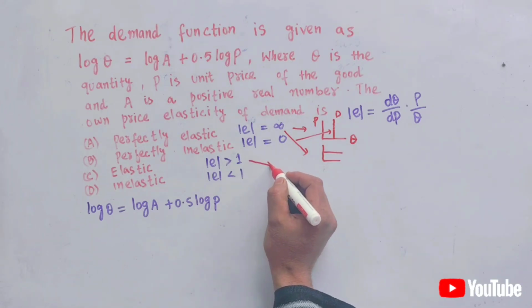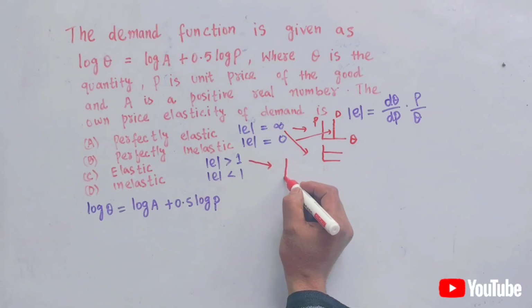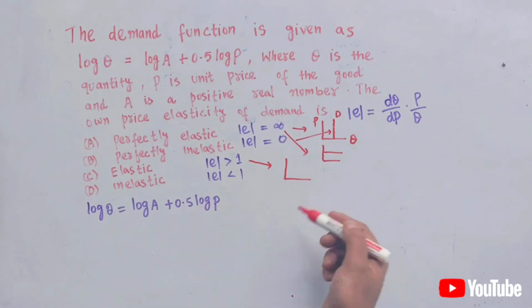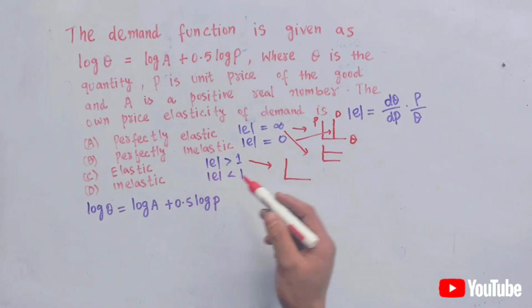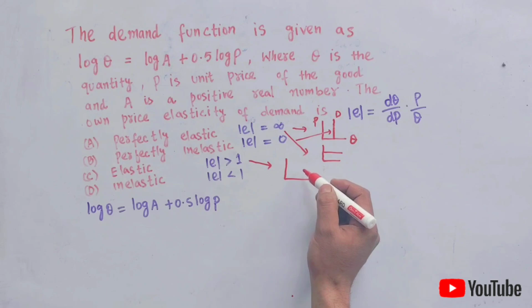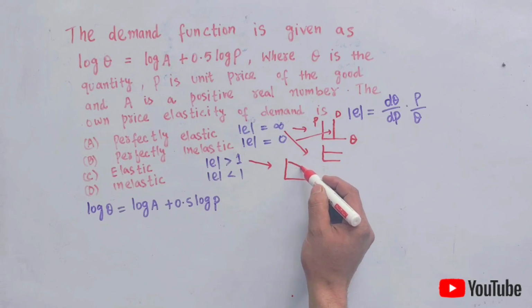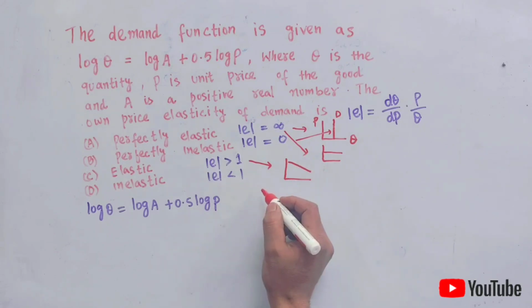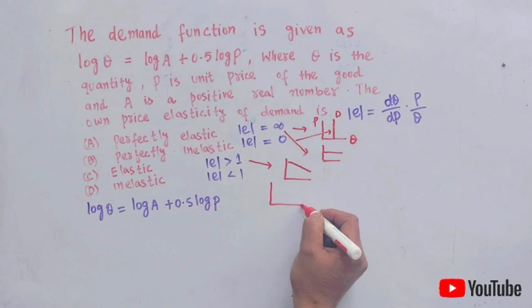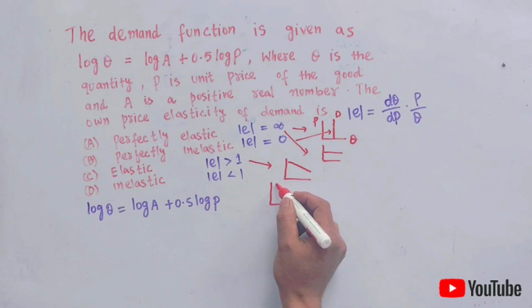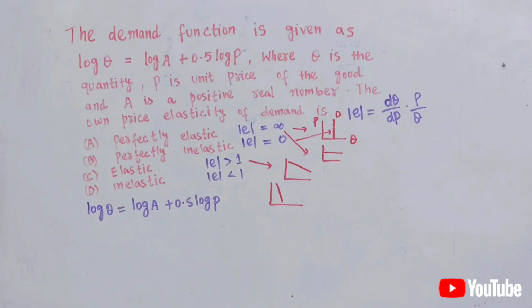For elastic, it will look like, rather for elastic, so elastic will look like this. For inelastic, the graph will look like, what can I say, like this.